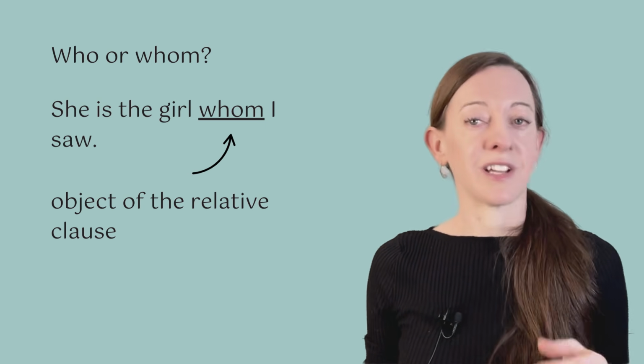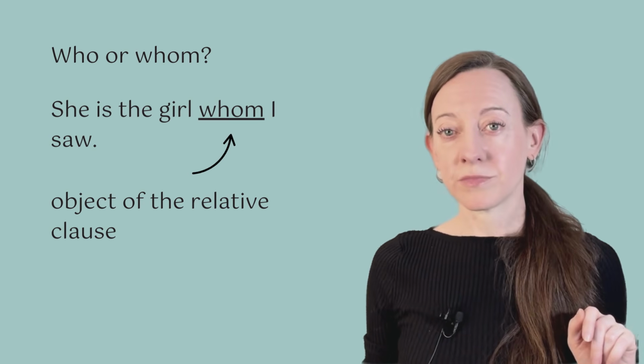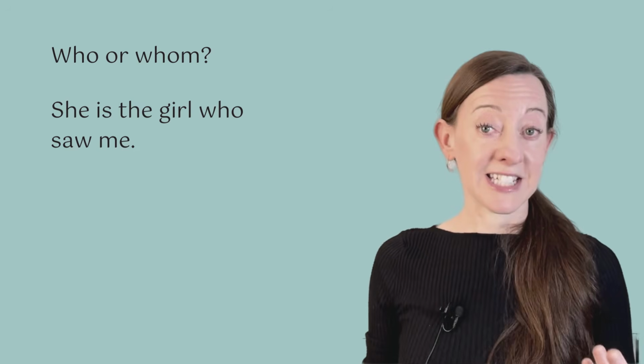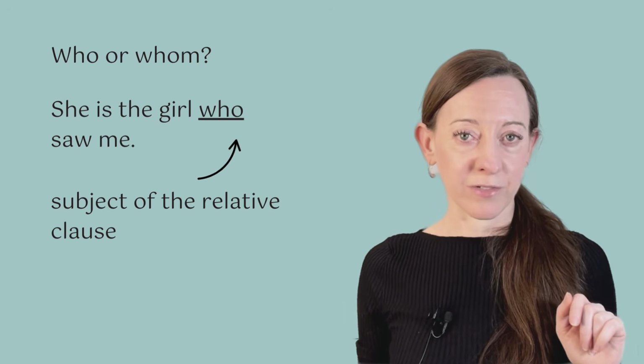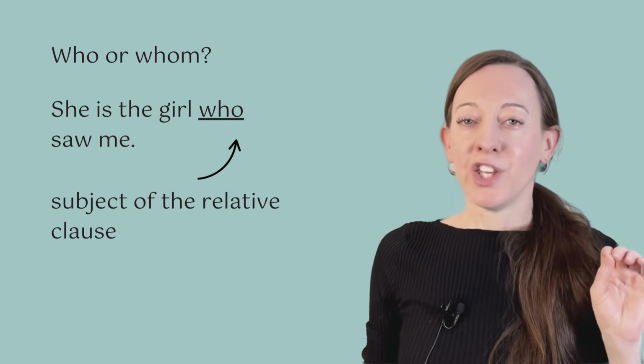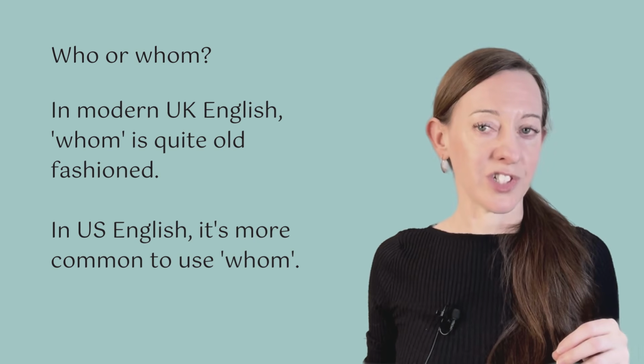I am the subject, and the verb is saw. She is the girl who saw me. In this case, who is the subject of the relative clause. Me is the object. You can also use who instead of whom in modern UK English.